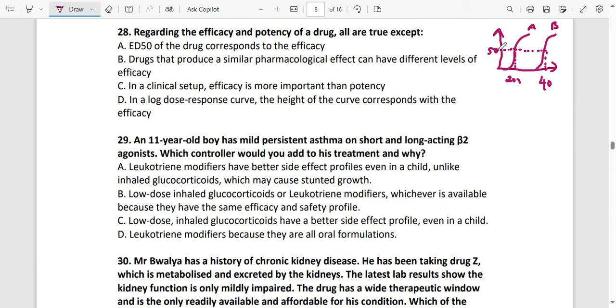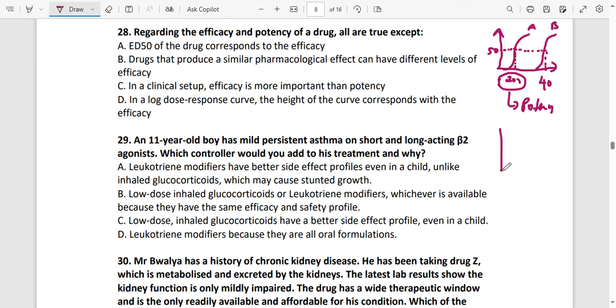So I can say they are producing the same effect. But for drug B to produce the same effect that drug A is producing, you need more dosage. So drug A needs only a little of the dosage. So this guy is more potent. So potency is the amount of drug that you need for 50% of therapeutic effect to be attained. And the more on the left the drug is on the dose response curve, the more potent it is.